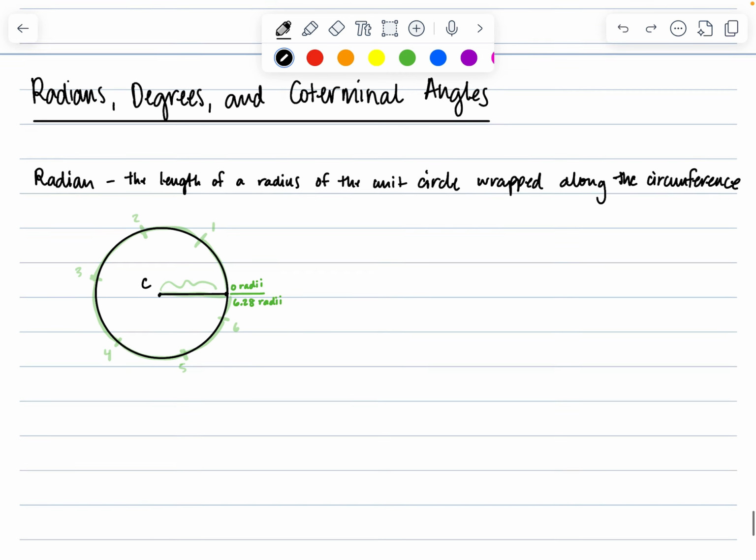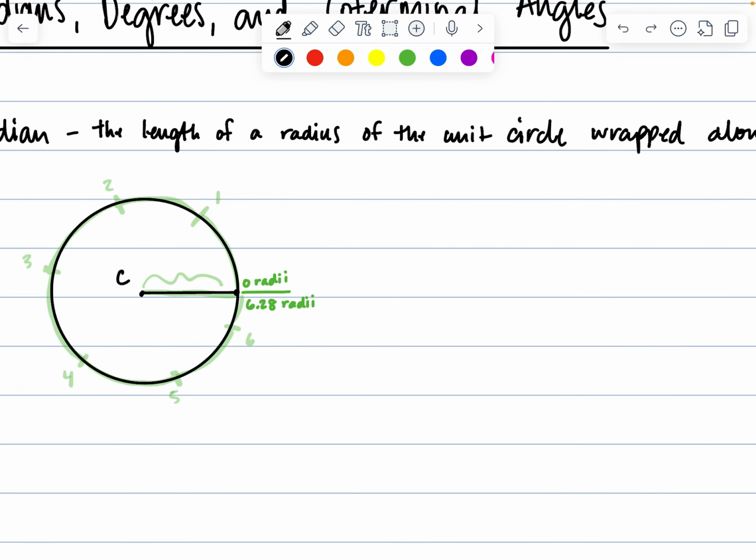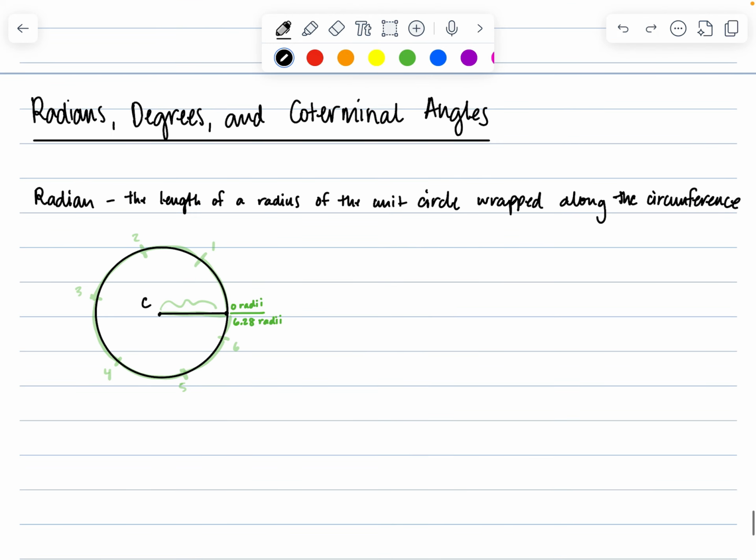So one thing to note is that it creates an angle. I probably should note that. The length of a radius of the unit circle wrapped along the circumference forms an angle.